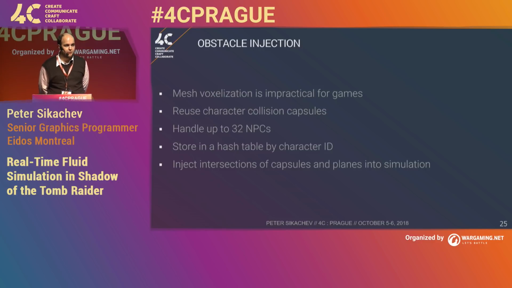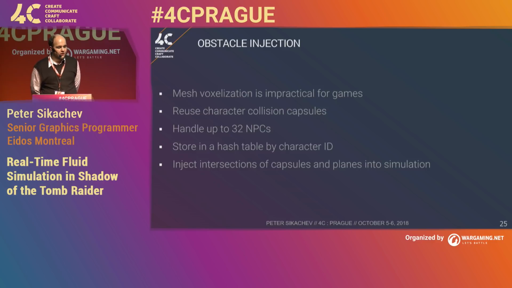We have our collision mesh, and we reuse the character collision capsules that we have and intersect them with a plane, the fluid plane. That allows us to handle up to 32 NPCs. You can handle more, but for practical reasons we didn't need more than that.